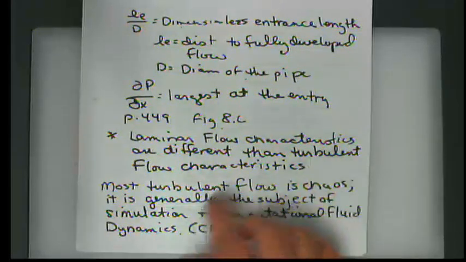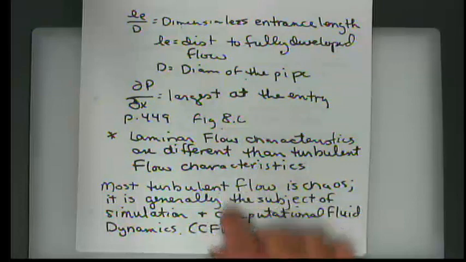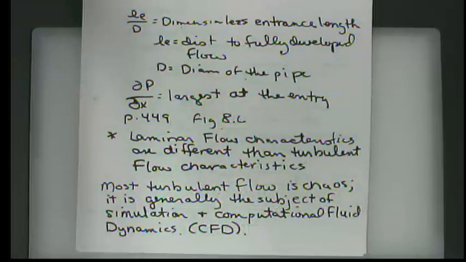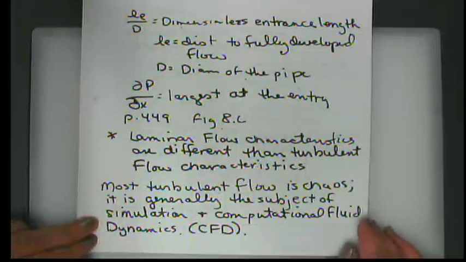All right, so if we continue talking about this idea, laminar flow characteristics are different than turbulent flow characteristics. And most turbulent flow is chaotic. That just means it's pretty much unanalyzable in the strictest sense of the word, or in the analytical math sense of the word. It's generally the subject of simulation or computational fluid dynamics.